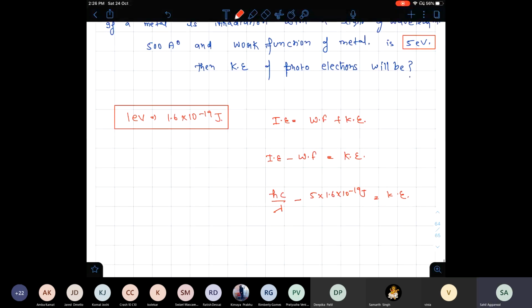So 6.6 into 10 to the power minus 34, 3 into 10 to the power 8, divided by 500 into 10 to the power minus 10. This will be your answer.